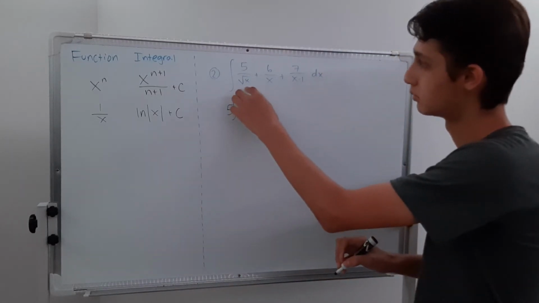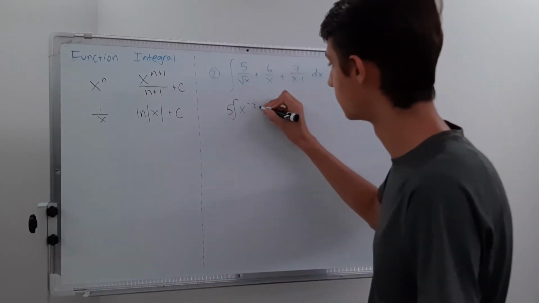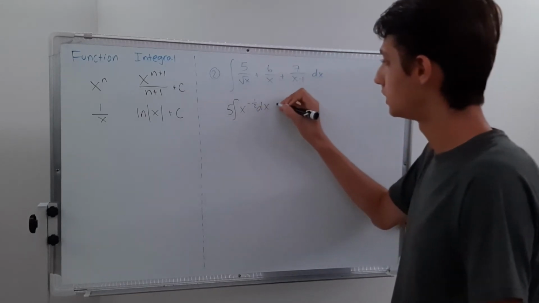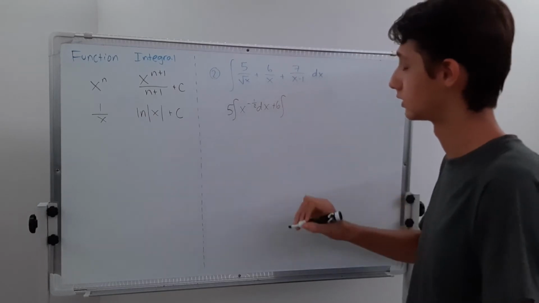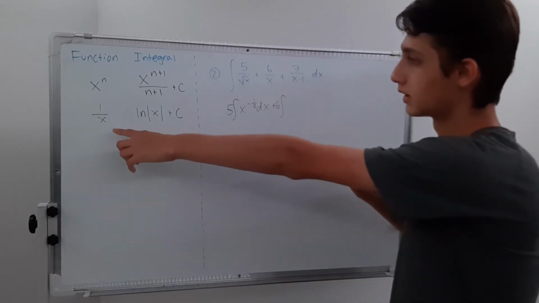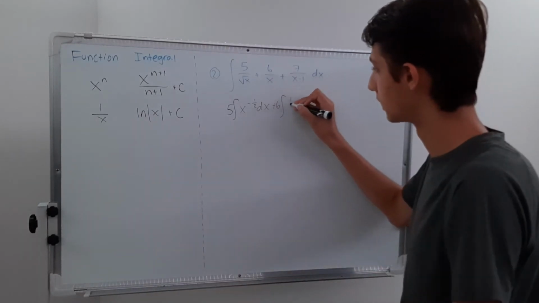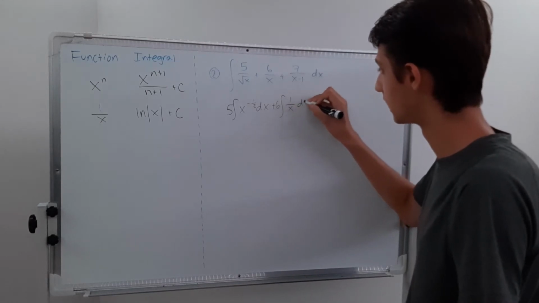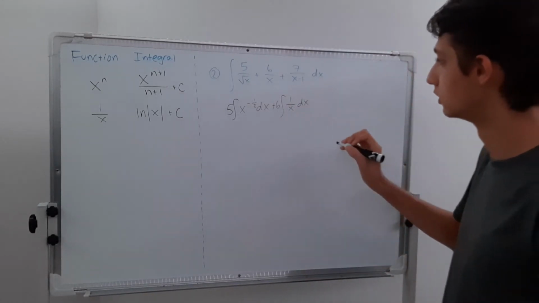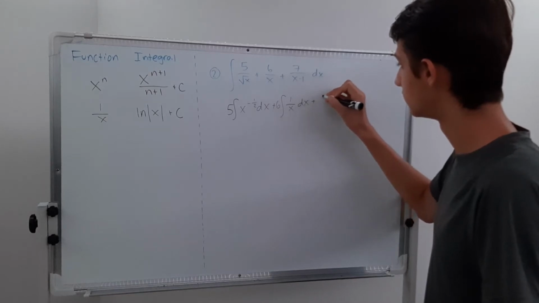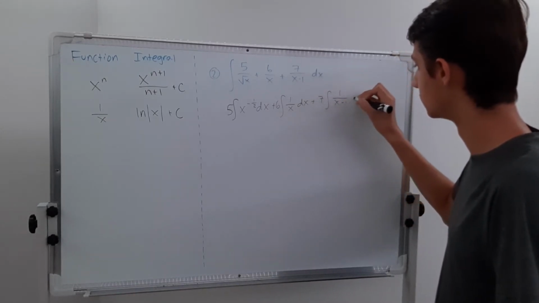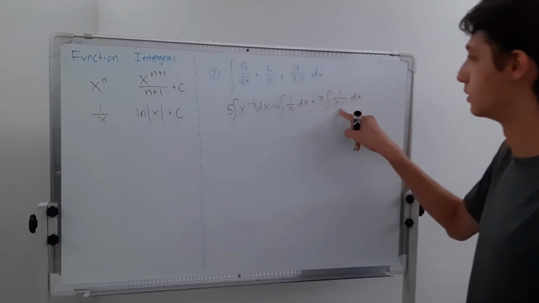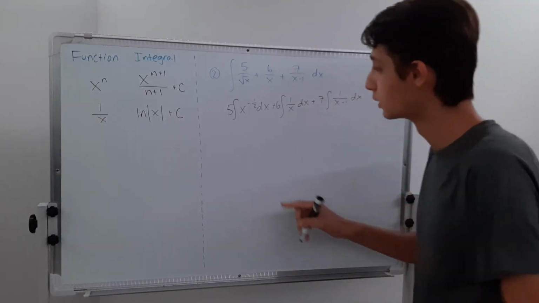Because we have it on the bottom and it's a square root, so x to the -1/2 dx plus, well, we can factor the 6 out, and then we have 1 over x there, so we can leave it. We don't have to do x to the -1, so it's 1 over x dx. That's going to be a pretty easy one to do. And then we have this 7 times the integral of 1 over x minus 1 dx. And we'll worry about that in a second. But for now, we can just do this.